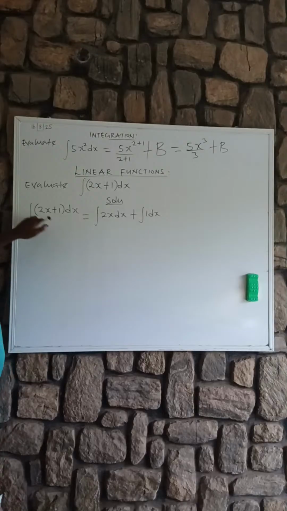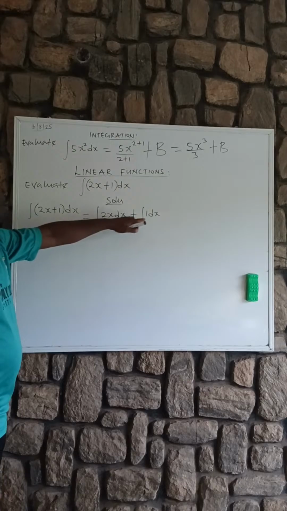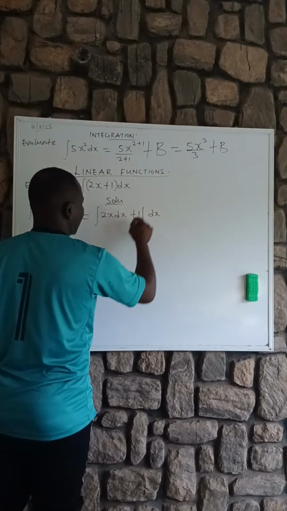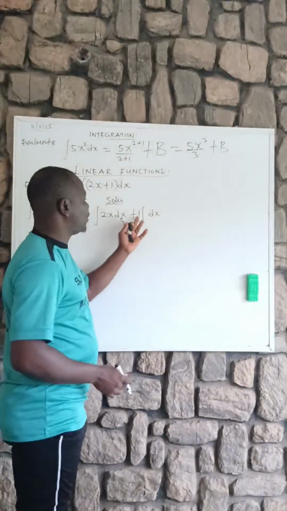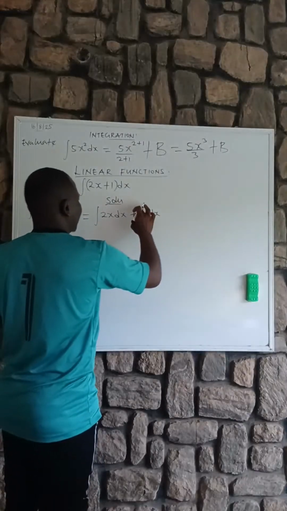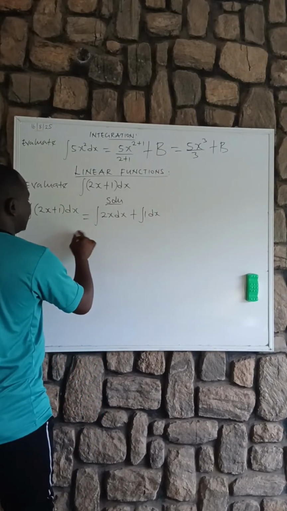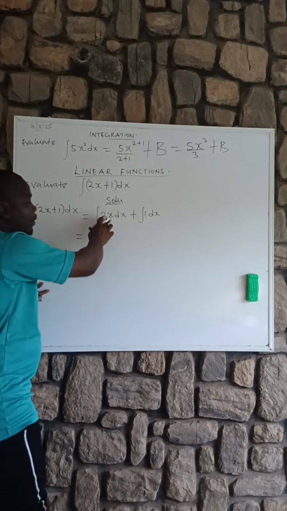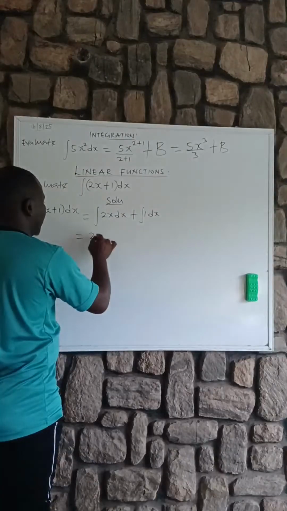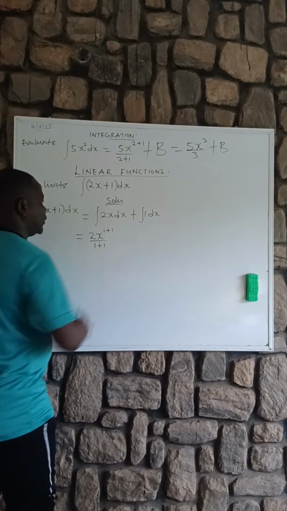So it means this and this, they are all the same thing. So we are just going to use the formula. But mind you, we can still rewrite this one here. Even if you don't write 1, everybody knows that 1 exists here, true or false. So it's not necessary, but let me just write it down. So this implies that we apply the formula. Already we have an invisible 1 here. So here will be 2x raised to the power of 1 plus 1 all over 1 plus 1, isn't it?